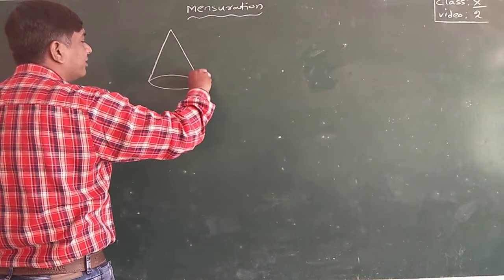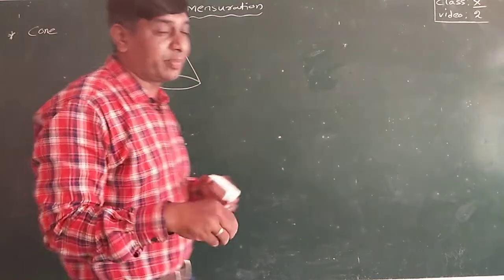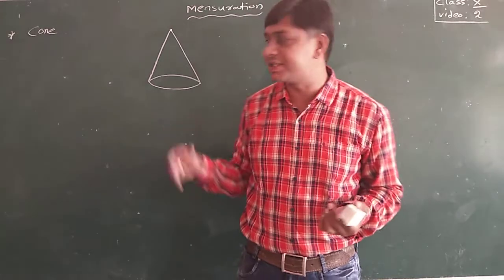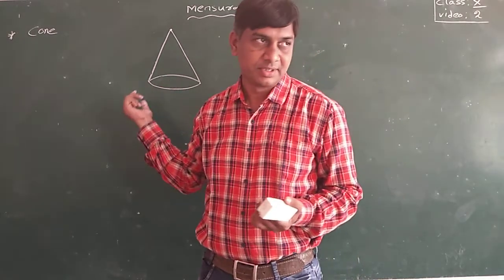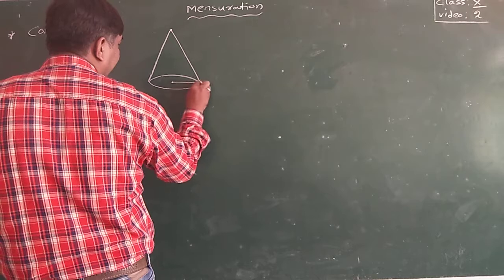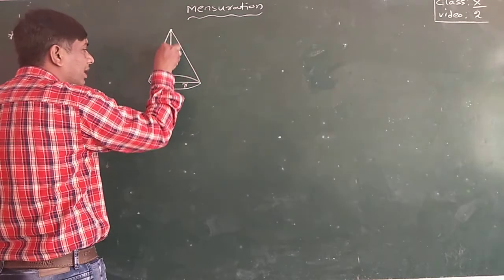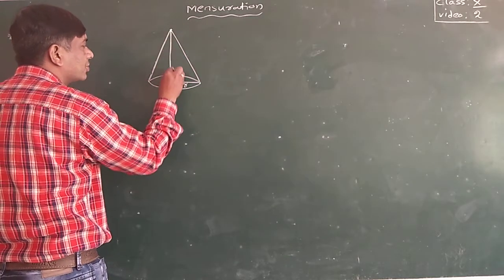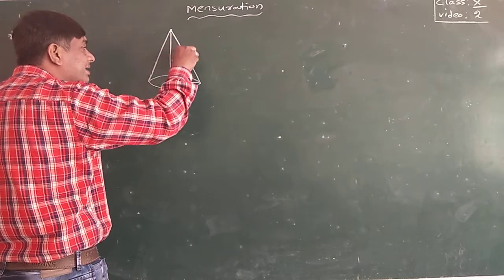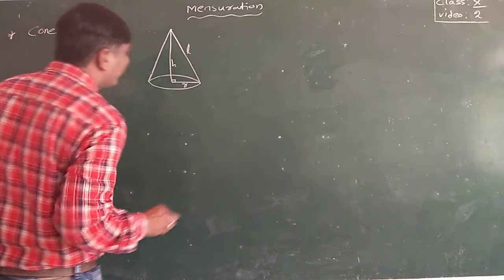One end of a cone is a vertex, and the other is open, like a joker cap with an open base. This is the radius, and from the vertex the perpendicular one is the height, and this is called the slant height of a cone.